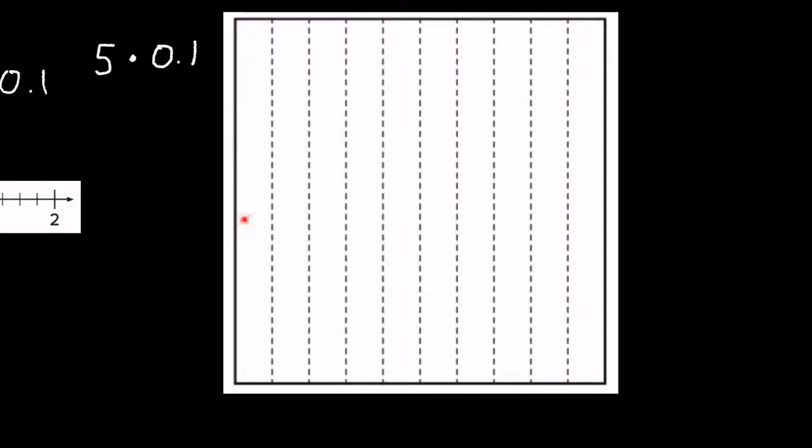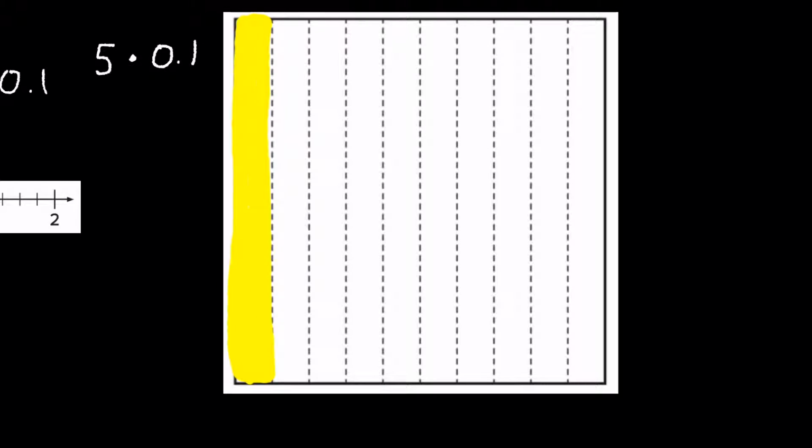So each column or section is 1/10 already. And just like before, we want to create 5 groups of 1/10. So we can do that by shading. Let's see how this looks. So just like before, I want 5 groups of 1/10. So let's start by shading in 1/10.